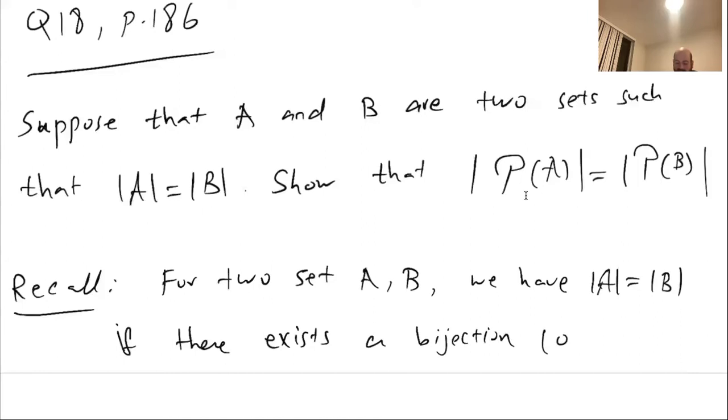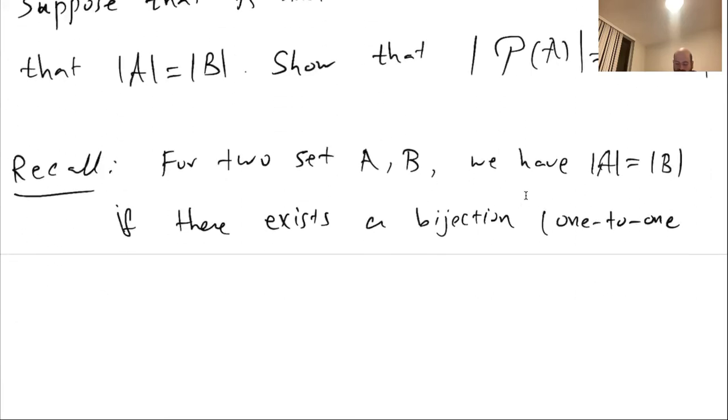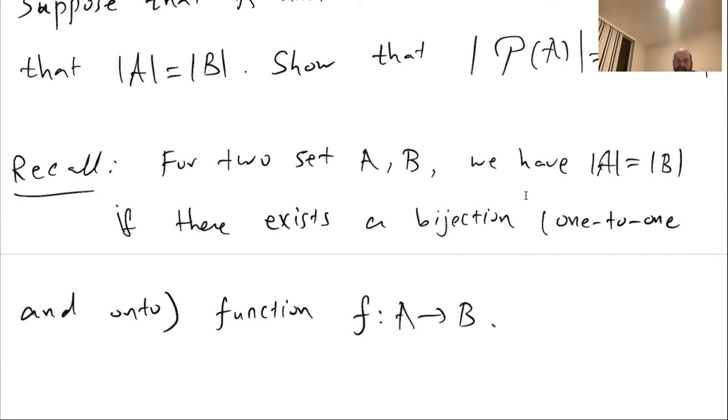Bijection means a one-to-one function, which is also onto, function f from A to B. So if there is a bijection from A to B, then we say that A and B have equal cardinality. This definition is valid regardless whether A and B are finite sets or infinite sets.